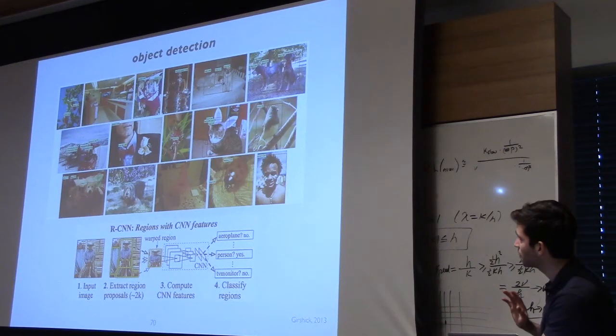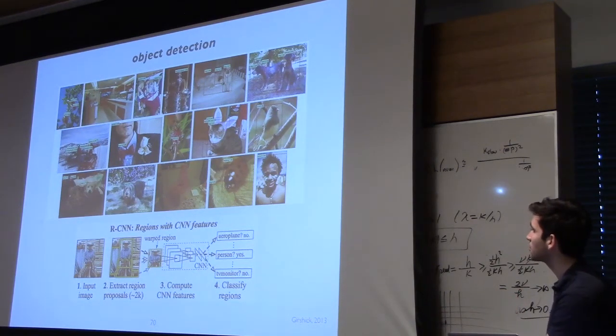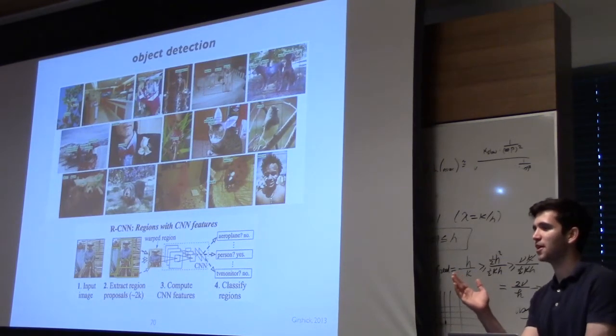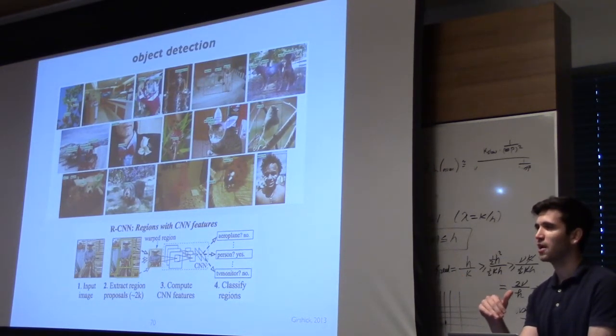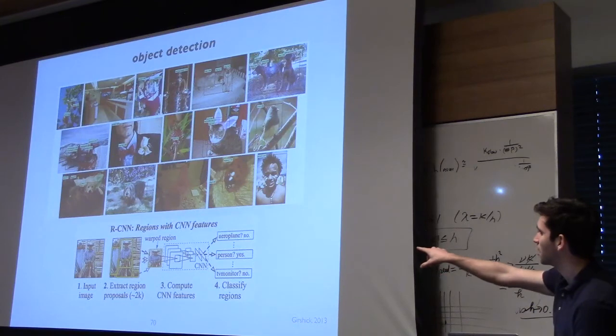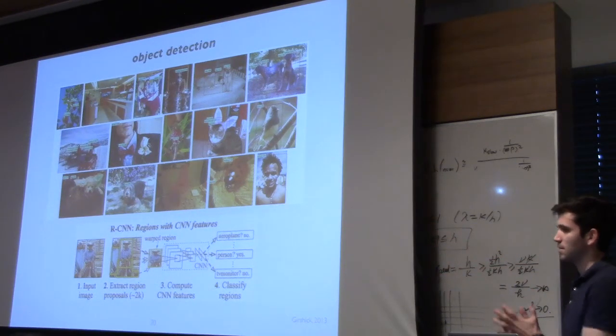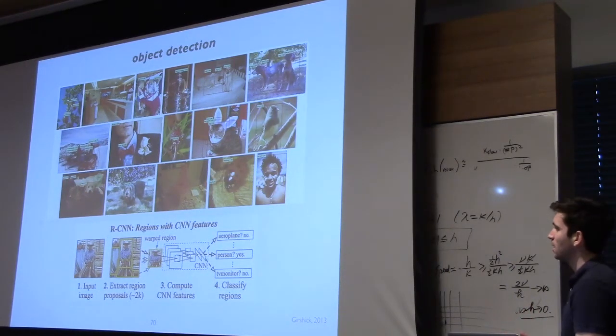So the approach for a while was basically to take a bunch of crops out of the image, classify those crops, and put them through a linear classifier asking, is this object, yes or no? Is this object, yes or no? In that way, it's a brute force approach.